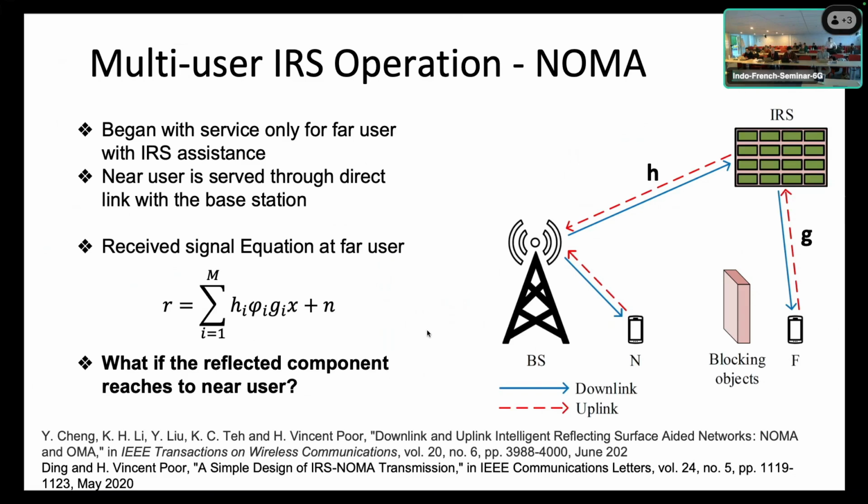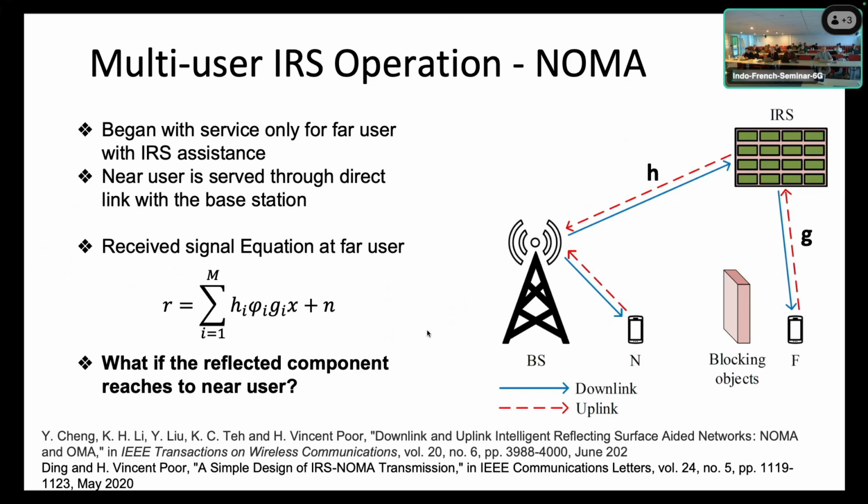The mixed signal, represented as X, is transmitted from the base station, and the two users, a near user and a far user, can be served.